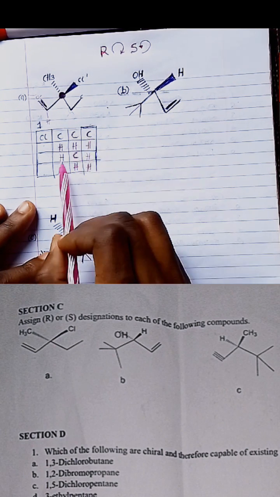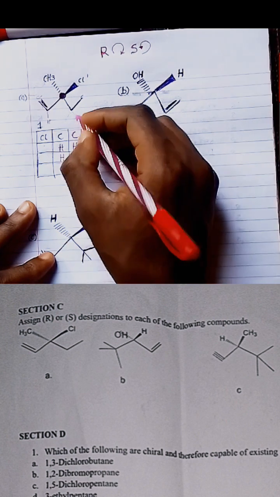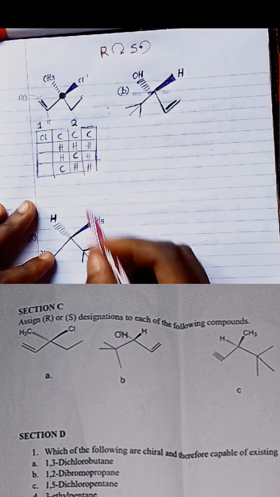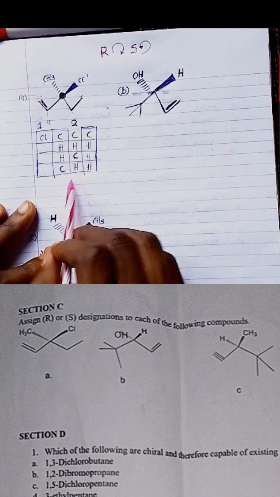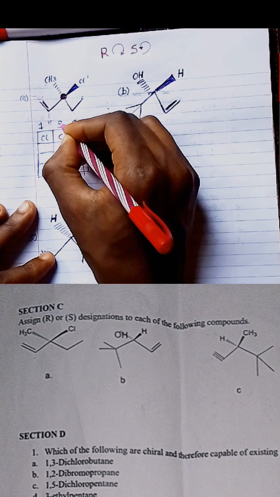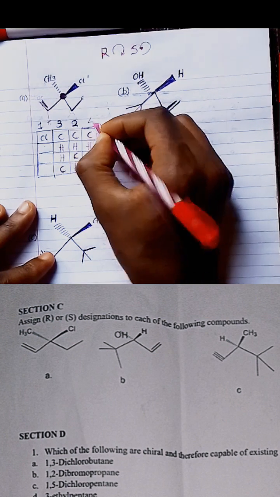And then when I move towards the next row, I'll be able to see that carbon here is heavier, so this should get priority number 2. And then when I analyze the second row, you'll be able to see that this should get priority number 3. Therefore, the least priority group is the methyl group.